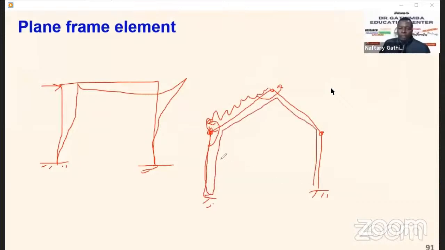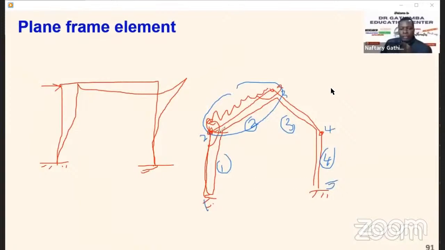If we take just this element here, you can see this is element 1, the slanted one is 2, the other one is 3, and another one is 4. Once we discretize, let's say this is node 1, node 2, node 3, node 4, and node 5.